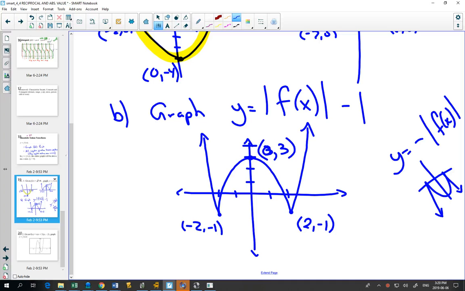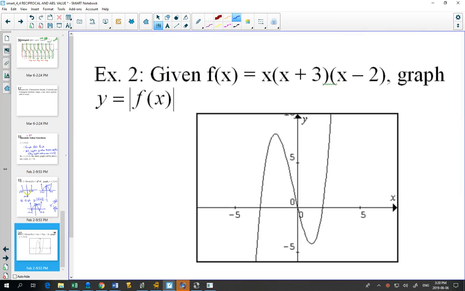Often absolute value questions will give you the graph first. So here's one. They wouldn't have to give you this graph, because you could graph this from your polynomial functions unit. Given that f of x equals x times x plus 3 times x minus 2, you would have known that you have x-intercepts at 2, 0, 0, 0, and negative 3, 0, because it's already factored.